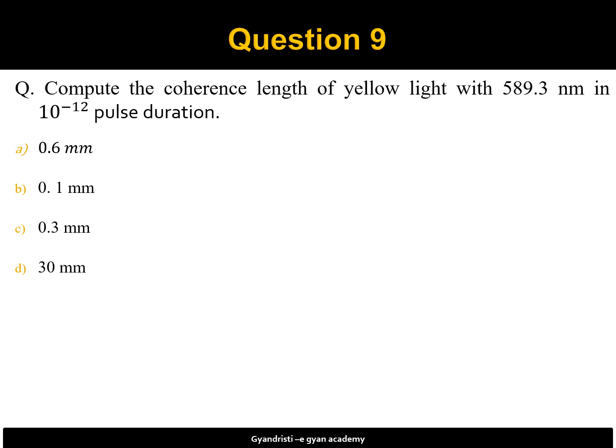Question number 9 is, compute the coherence length of yellow light with 589.3 nanometer in 10 to power minus 12 second pulse duration. So it is given that lambda is equal to 589.3 nanometer and the pulse duration is 10 to power minus 12 second. So we have to calculate its coherence length.